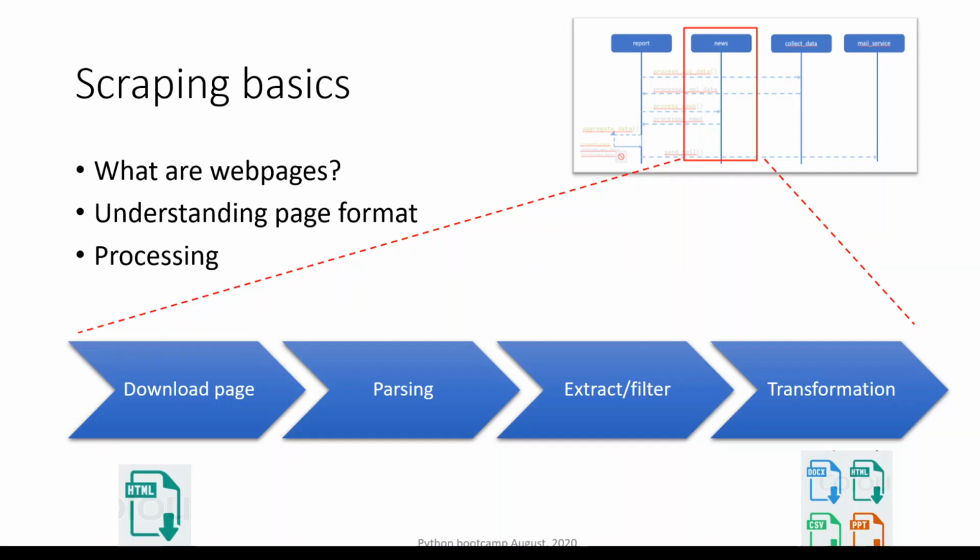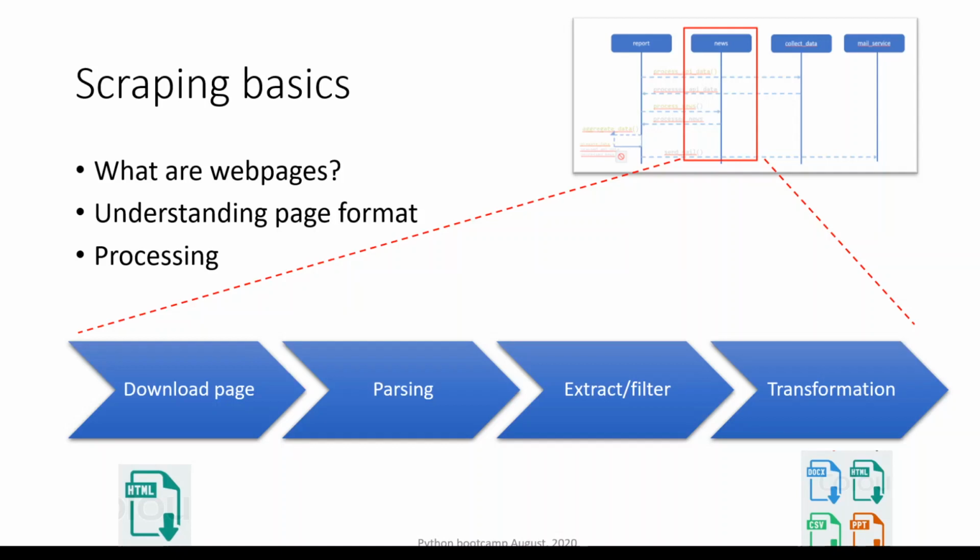So HTML format can be converted into tree format, and that is called parsing. That is, from the basic text you are trying to arrange things in a nice data structure. The data structure is nothing but a tree in this example, and then we parse it so we can get particular nodes, the values for a given node and things like that. So that is about parsing.